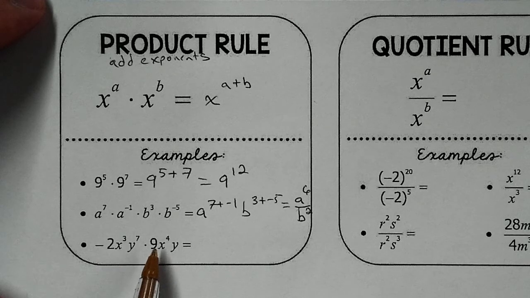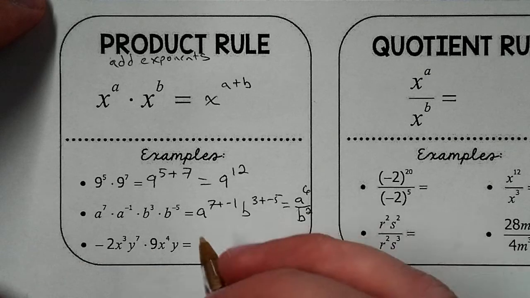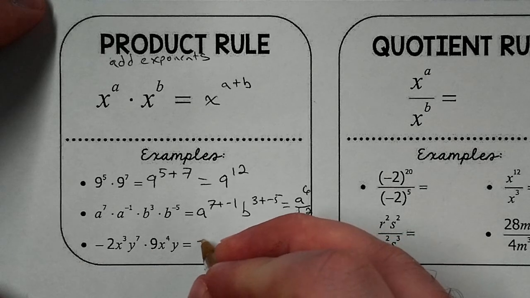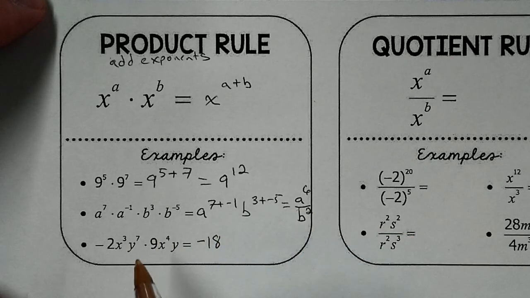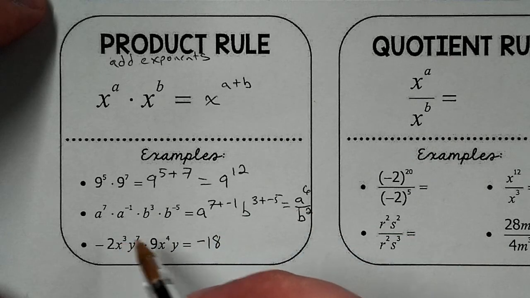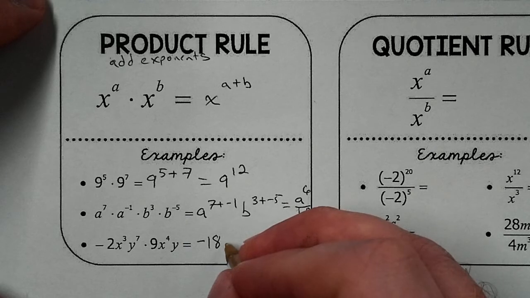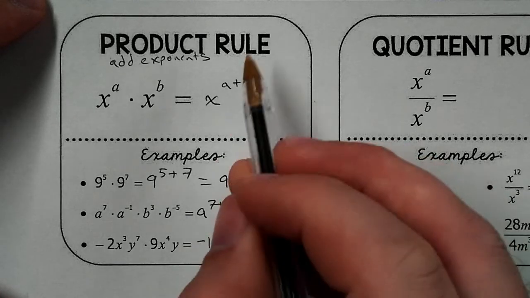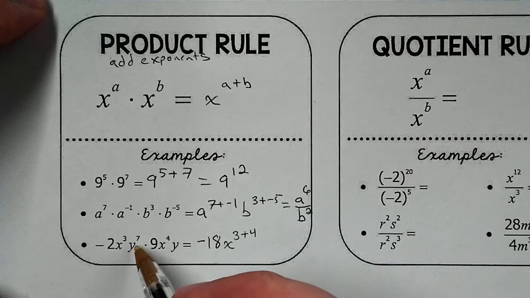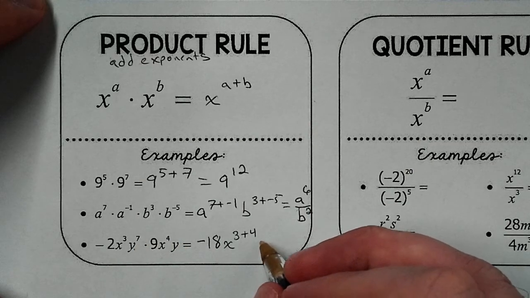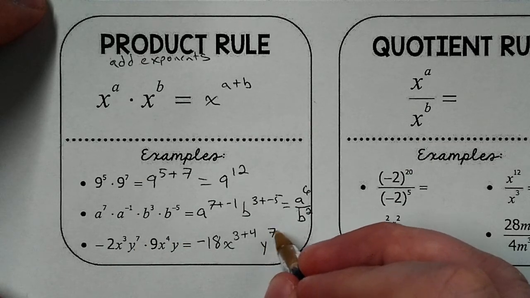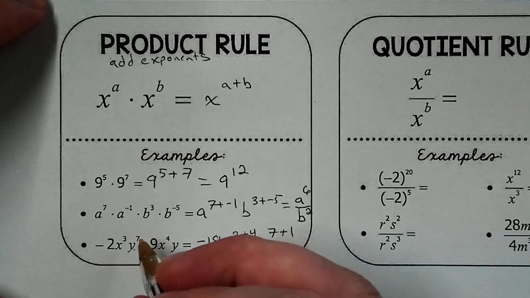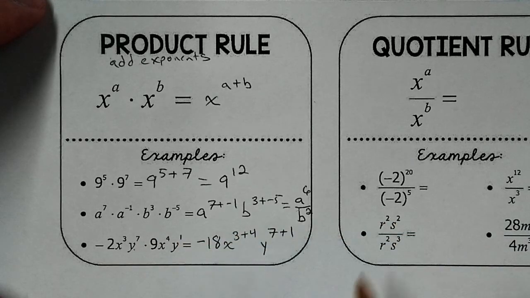Negative 2 times 9, now this time we have coefficients, you're just going to multiply the coefficients to start. So that's negative 18. Now we've got x to the 3 times x to the 4th, so x to the 3 plus 4, because we just add those exponents. Y to the 7th times y, which would be y to the 7 plus 1, because there were 7 here, there's only 1 there.